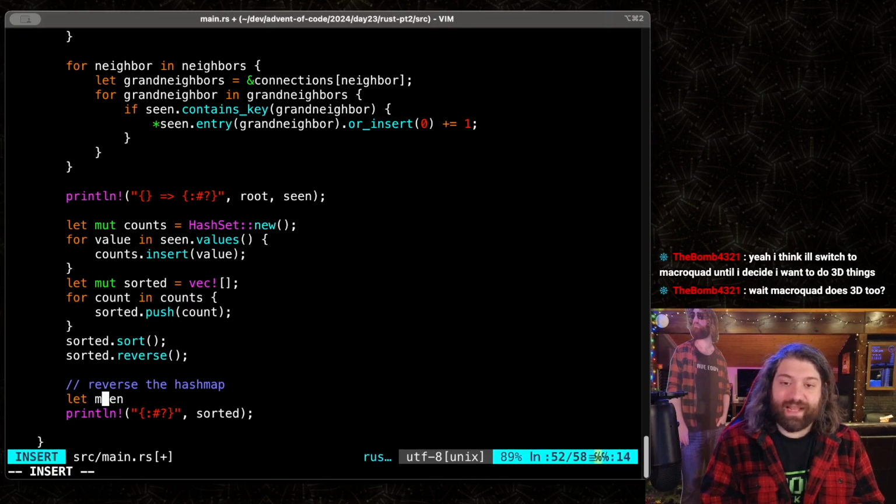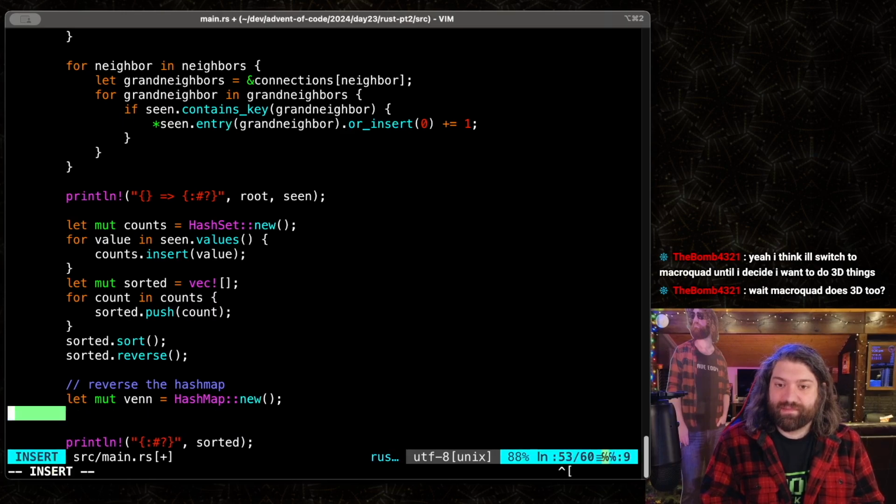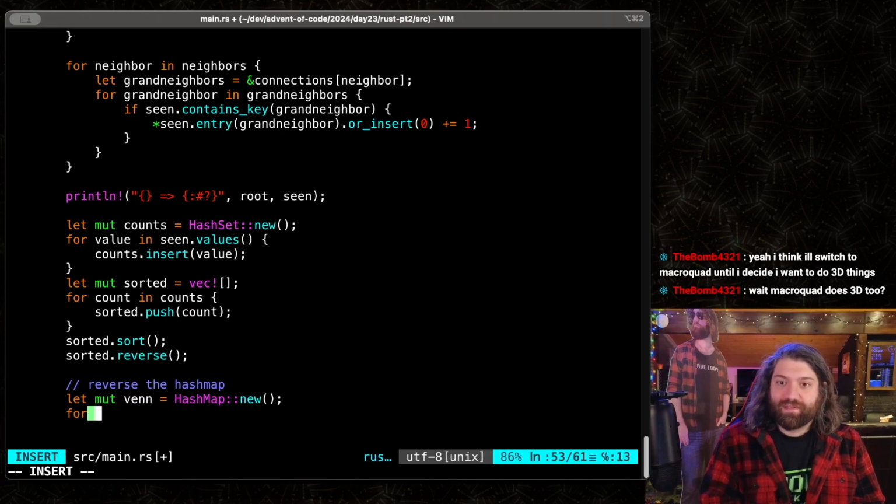I don't know. I can't speak much for its 3D. I'm gonna be honest. This sucks.